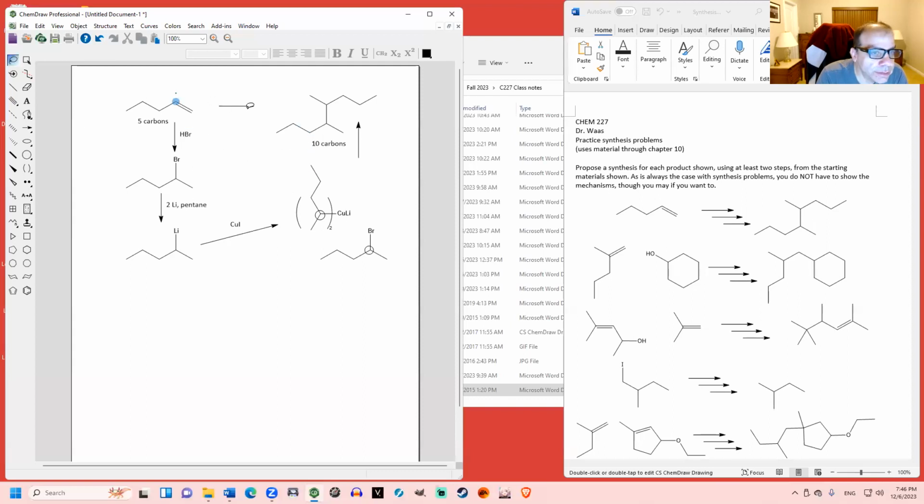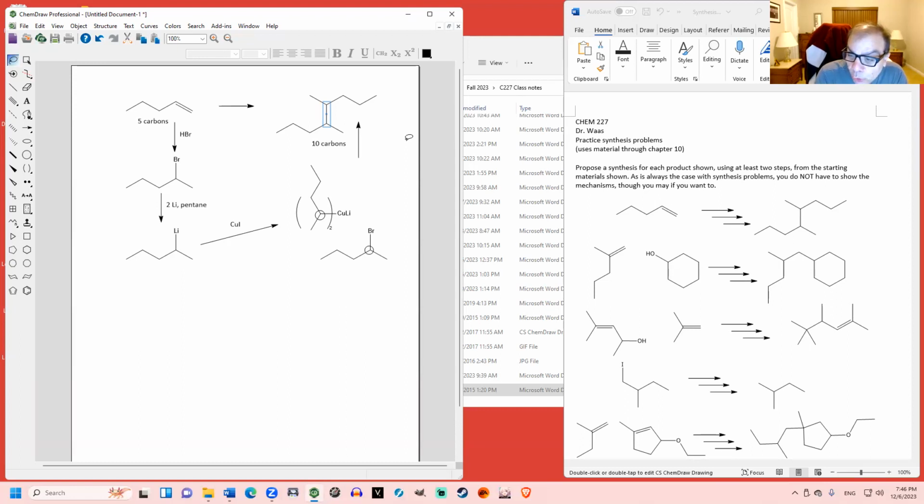It will form that carbon-carbon bond between the two 5-carbon chains. Something like that, I think, is the best way to do it. But there might certainly be other ways.